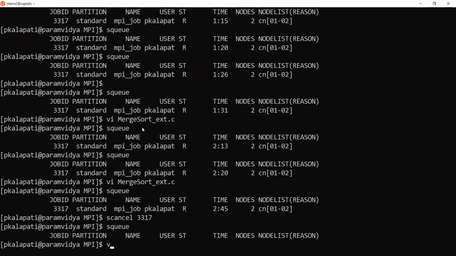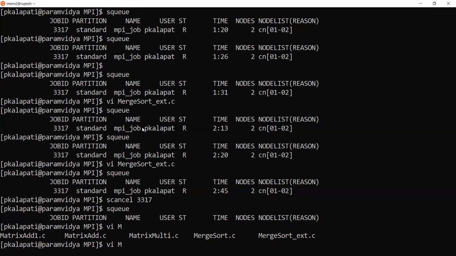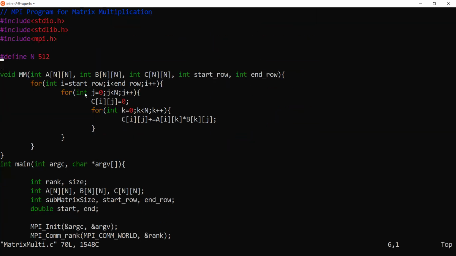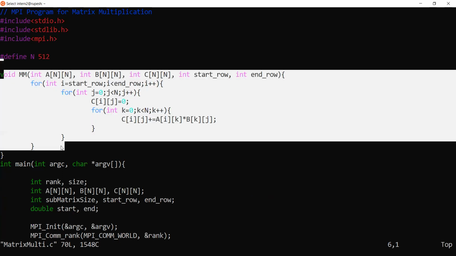Similarly, we can perform the matrix multiplication. How can we do the matrix multiplication? If you look at this simple logic, this function is responsible to multiply two matrices.